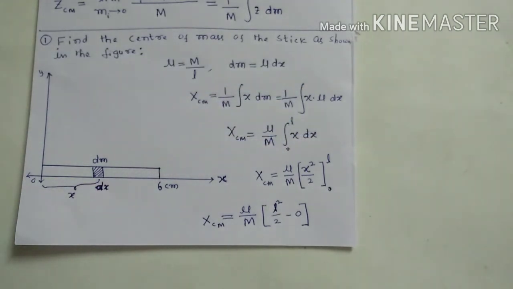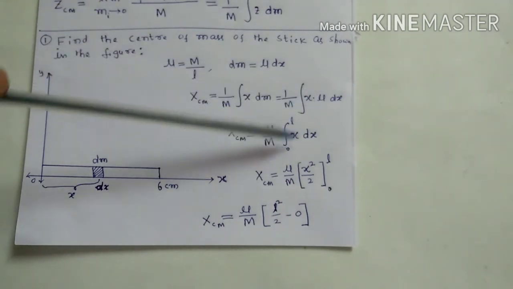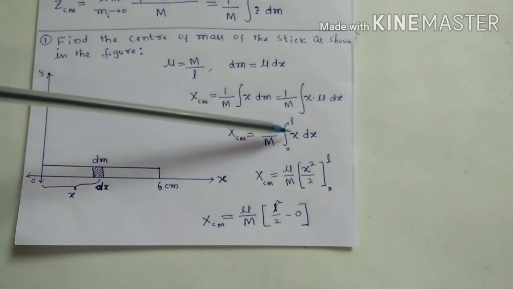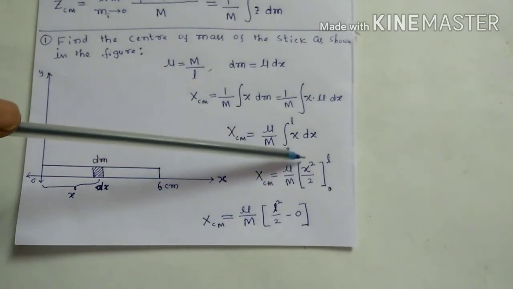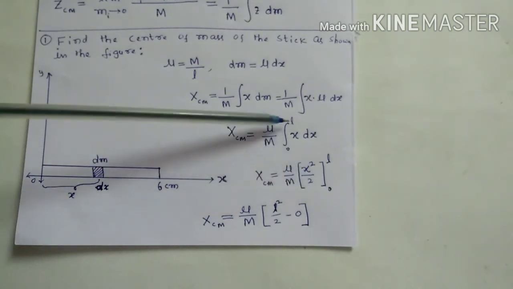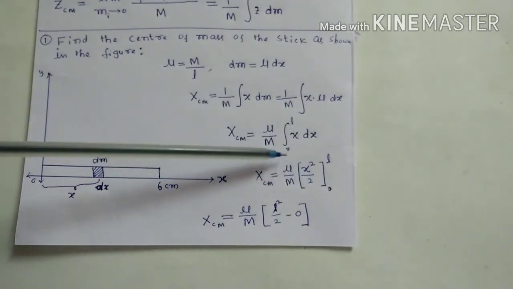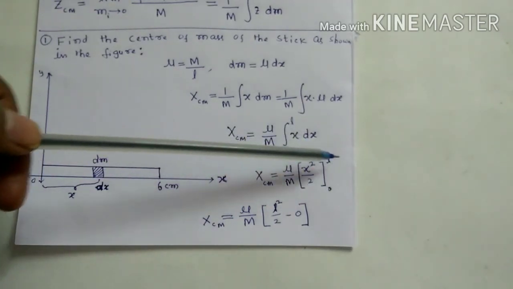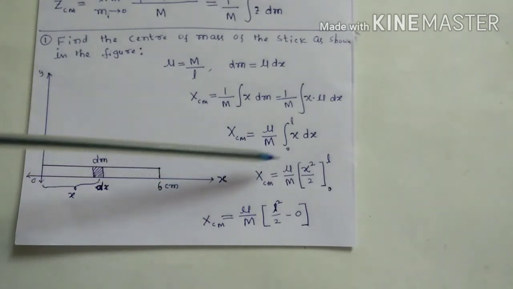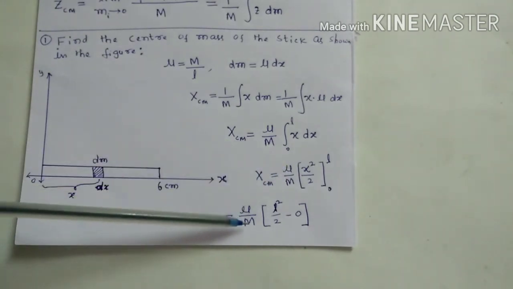You know the formula, integration of x to the power of n dx is equal to x to the power of n plus 1 by n plus 1. Here x to the power of 1 is there, 1 plus 1 is 2, so x square by 2. So mu by capital M, this is x square by 2, that is integration of x dx. Lower limit 0, upper limit L, you substitute. This is mu by m, you write as it is.